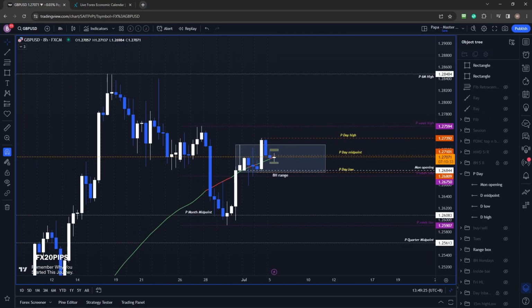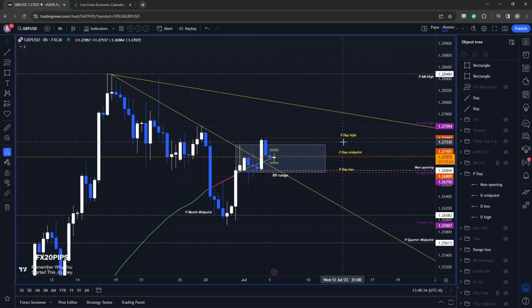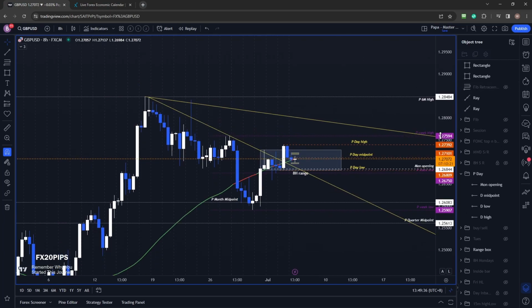Okay, remember we have two trend lines. So let's bring it to the chart again. As you can see, the 8 hours GBPUSD has been having a lower high, and yesterday during the US bank holiday, it actually went above this trend line.